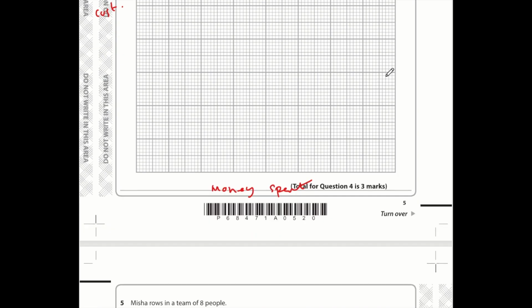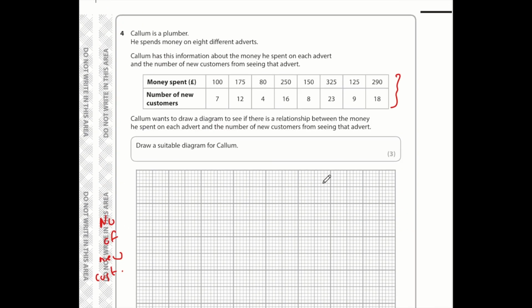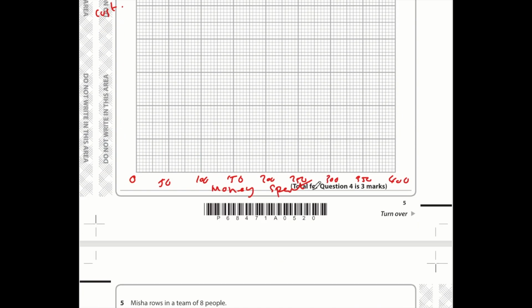I like to maximize the graph paper, so I wouldn't go 50, 100, 200, 300, because then half of the graph paper would be completely wasted. Is the money spent just in pounds or thousands of pounds? It's just pounds, so I'll make a unit here, pounds.